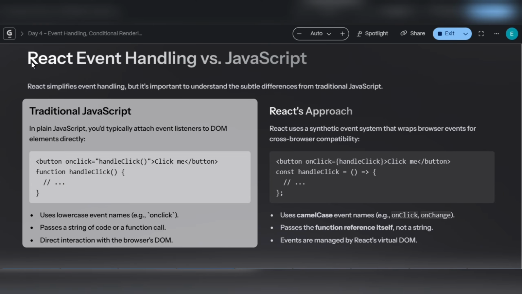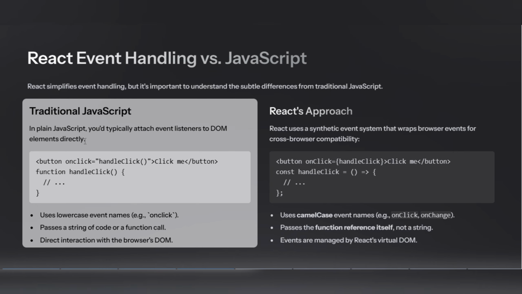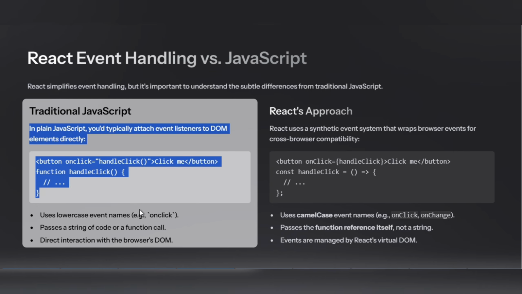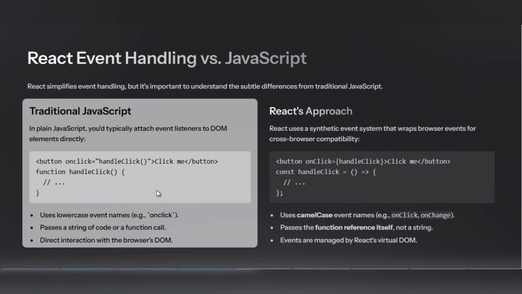Let's understand how React handles events differently from plain JavaScript. In normal JavaScript, events are attached directly to the DOM. Event names are written in lowercase and code is often passed as a string or function call. This approach interacts directly with the browser's DOM. React uses something called a synthetic event system.